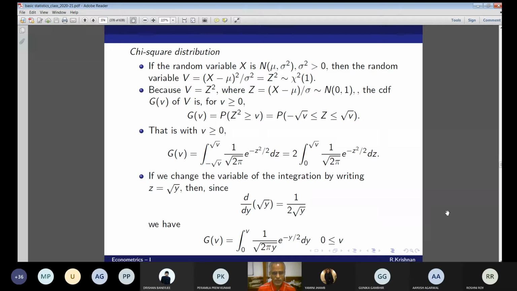Let z be equal to (x minus mu) by sigma, a standard normal random variable. The CDF of z square: probability of z square less than or equal to v, like in the second bullet point.